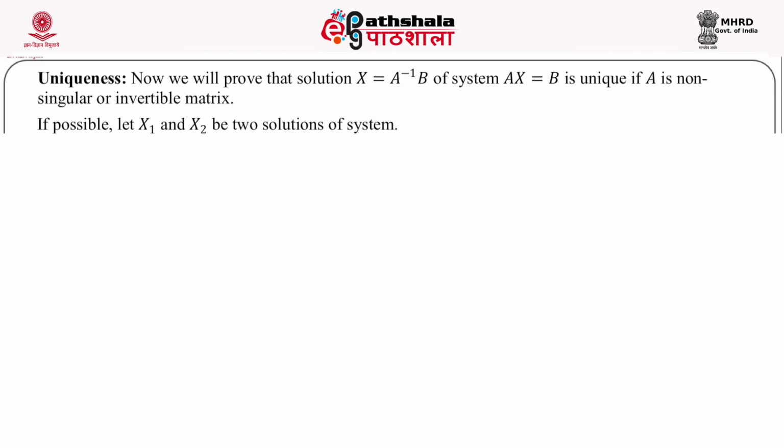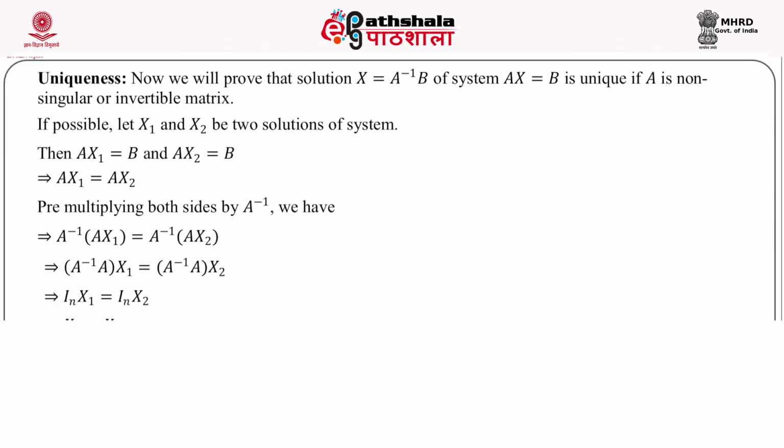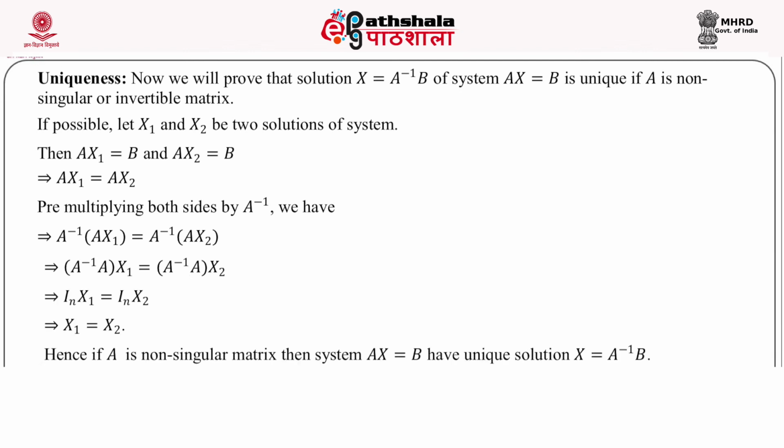Now, let us check the uniqueness of the solution. We will prove that the solution x equal to A inverse B of the system Ax equal to B is unique if A is a non-singular or invertible matrix. If possible, let x1, x2 be two solutions of the system. That means Ax1 is equal to B and Ax2 is also equal to B. Now, this implies Ax1 is equal to Ax2.